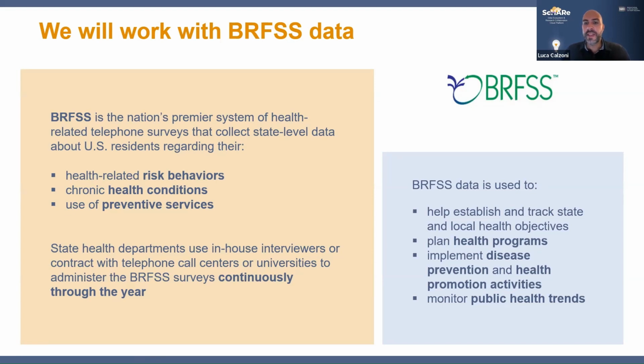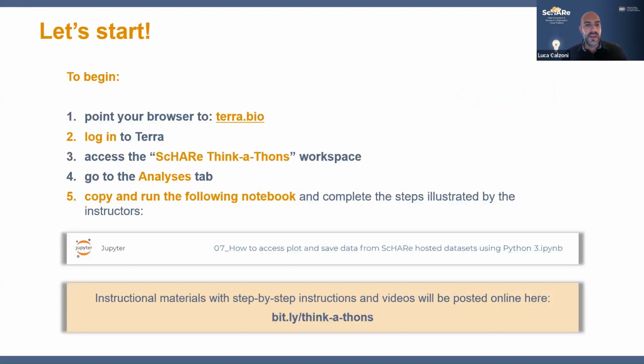It's the kind of data that is used by states and institutions to help establish and track local and state health objectives, to plan health programs, to implement disease prevention and health promotion activities, and to monitor public health trends. Okay, so that said, let's start.